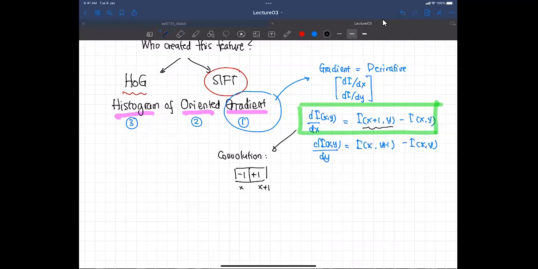That's the operation for gradients if you want to do the convolution. So your mask will look like this, and that's exactly what Haar-like feature masks look like. The first type of the Haar-like features is usually gradient: gradient in the X direction and gradient in the Y direction.